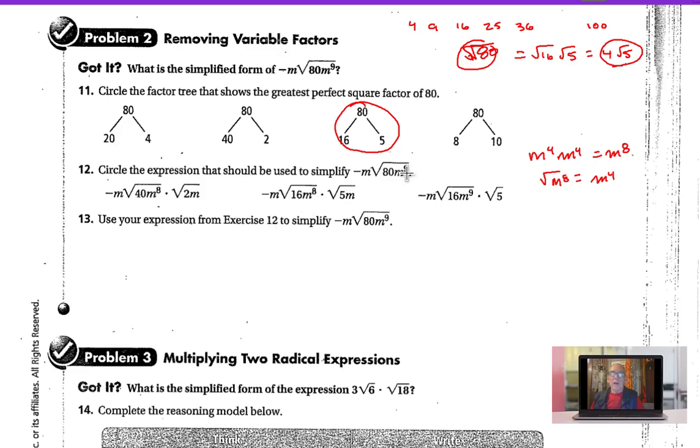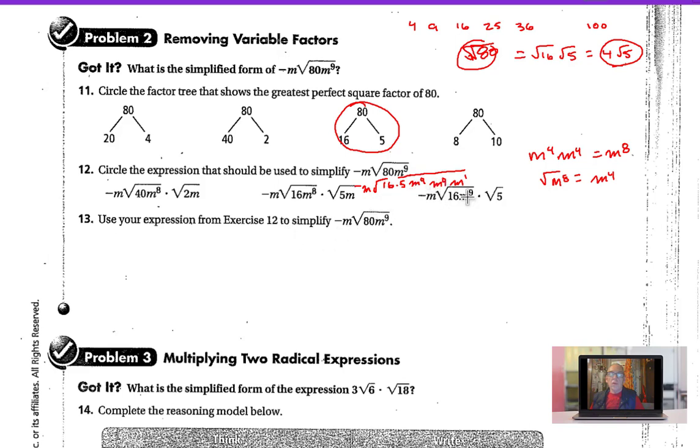So if we look at this 9 here, we could actually look at this as 16 times 5, m to the fourth times m to the fourth times an extra odd m to the first. And we got the minus m outside the square root. So what did they do here?